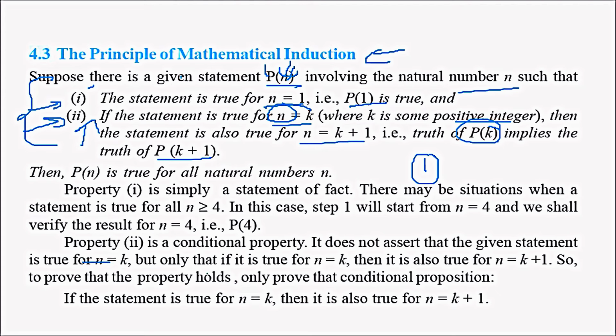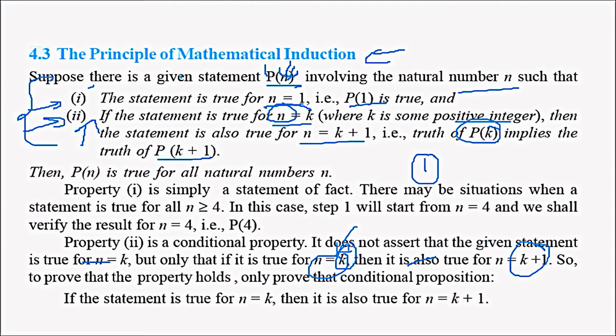You are only assuming that it is true for n equal to k. You are not saying it is proved till now for n equal to k. You are assuming it. It is true for n equal to k, but when k increases by 1, this also holds true.